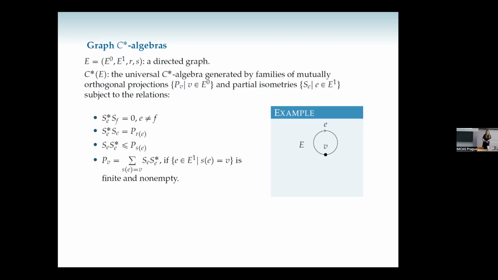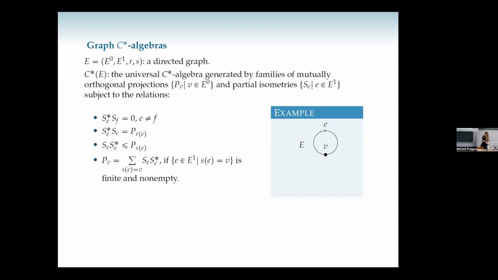Let me recall that you can define a partial isometry in different ways, but one of them is that S_E is a partial isometry if S_E* S_E is a projection, and equivalently S_E S_E* is a projection. So it has to satisfy first that S_E* S_F should be 0 if E is not F. And then you have the rest of the relations which capture the structure of the graph.